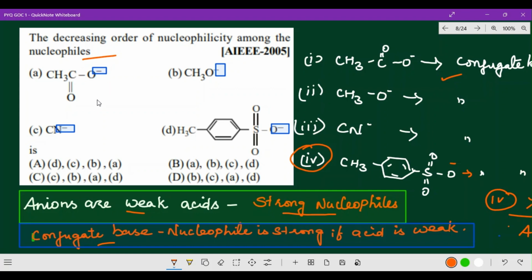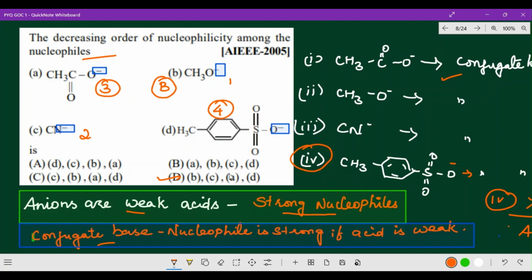That means B will come first, then C second, then A third, and the last one, D, fourth. So here the correct option is B C A D. So D is the correct option.